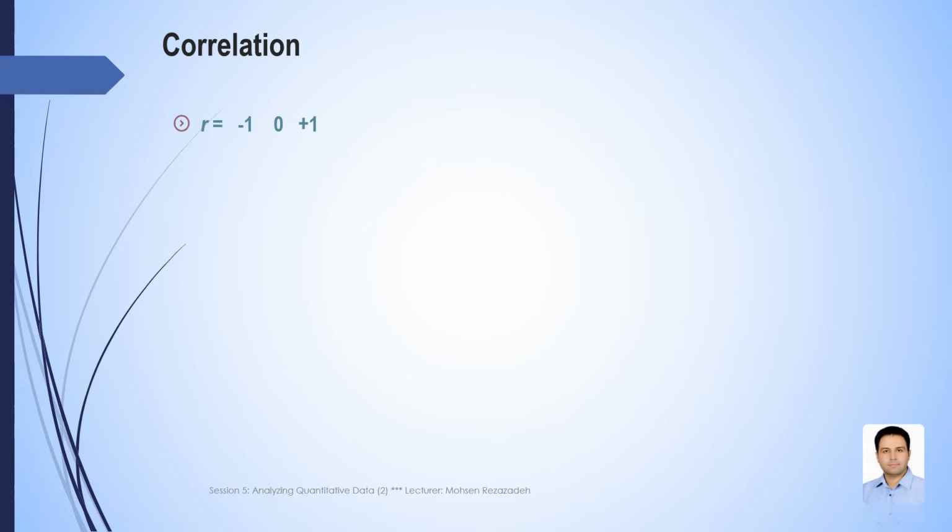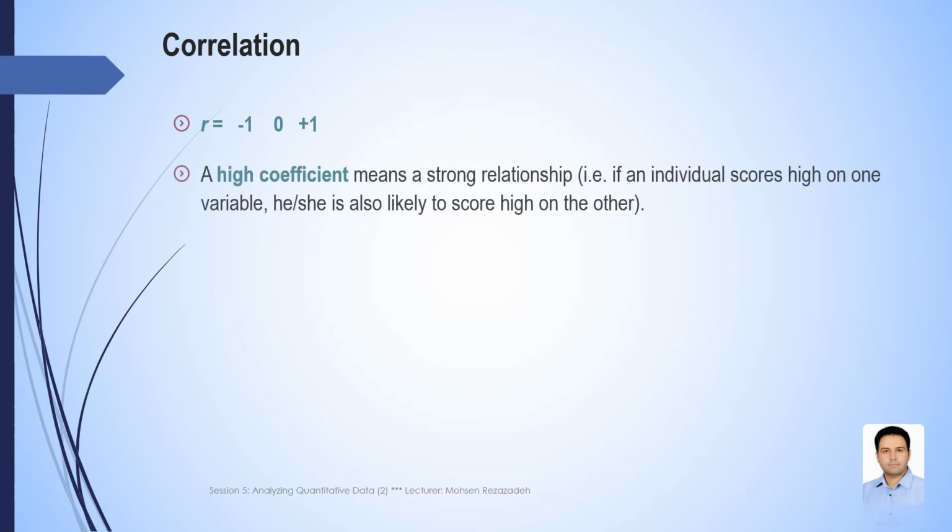An r of -1 means a perfect negative correlation, and an r of +1 means a perfect positive correlation, and an r of 0 means zero correlation, which means that there is no relationship between the variables.